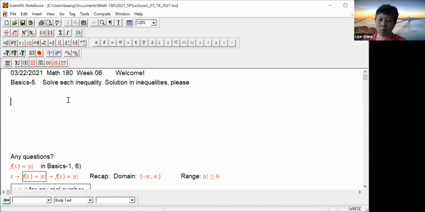My effort to explain these is for you to understand the mathematical meaning and how to express it properly. Even though they seem very simple, I want you to pay attention to them, so you will not lose those 5 points, 10 points along the way. All right, let's begin.